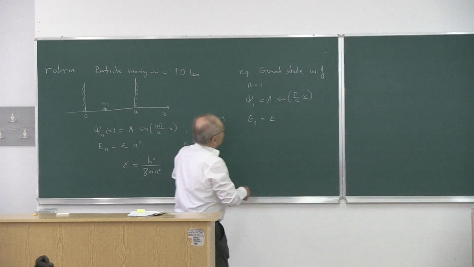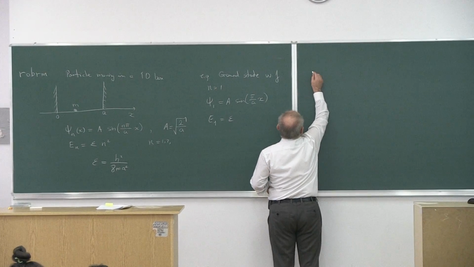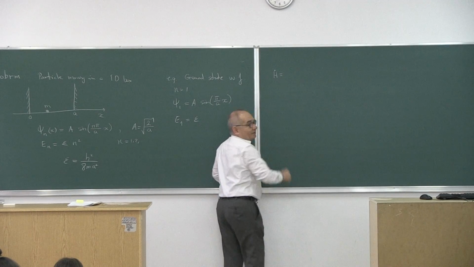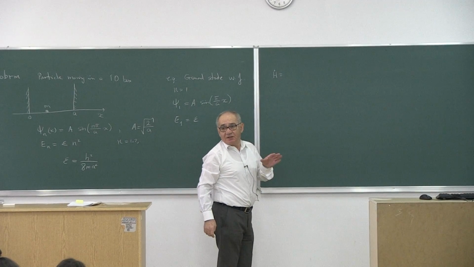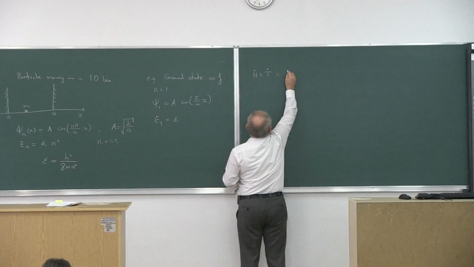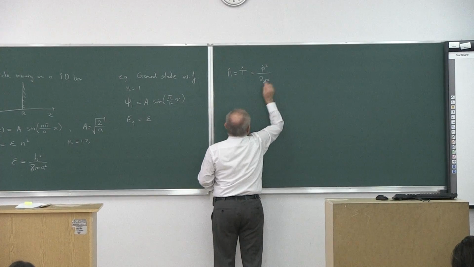All these functions are eigenfunctions of the Hamiltonian, and the Hamiltonian for this particle is just kinetic energy, and the kinetic energy is simply p square over 2m.